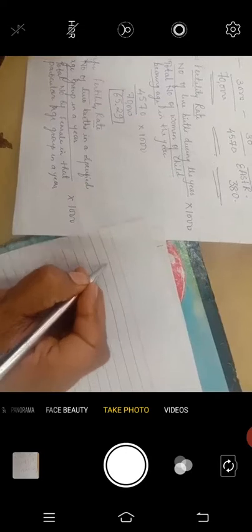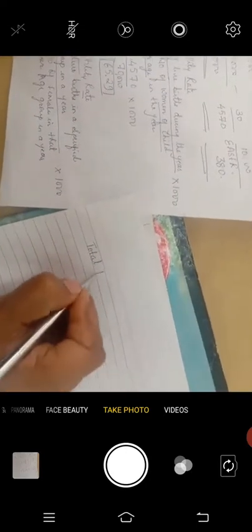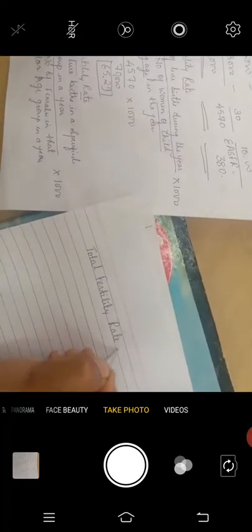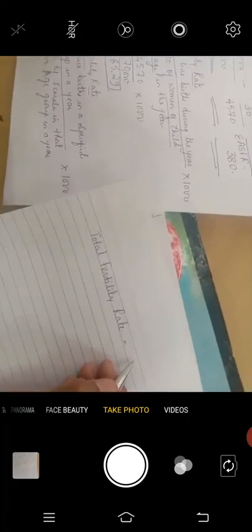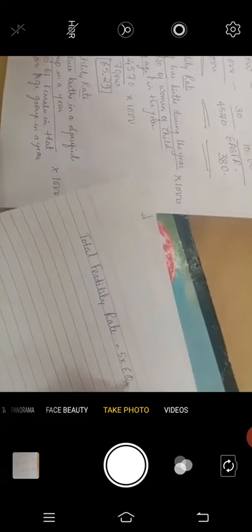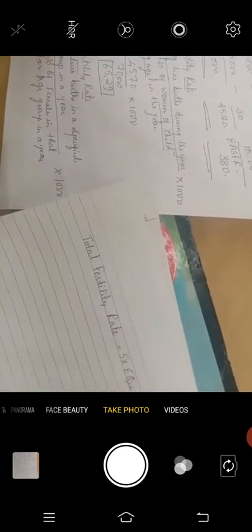They told you to find the total fertility rate. So in the problem, after general fertility rate, they told you to find total fertility rate. Okay, so the total fertility rate formula is 5 into summation quinquennial ASFR.